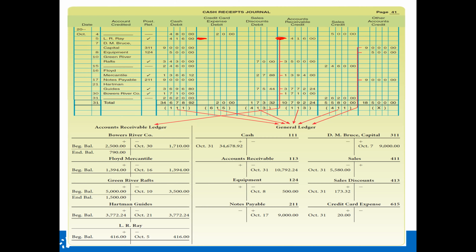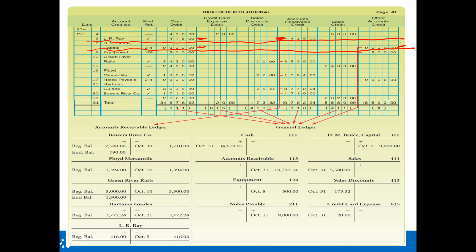It looks like this next one is the owner making an investment, right? Now this next one, the 7th, is like the owner making an investment, because you can see here the debit to cash, and then the $9,000 other credit, that would be to owner's capital or whatever, right? That's D. Bruce Capital.